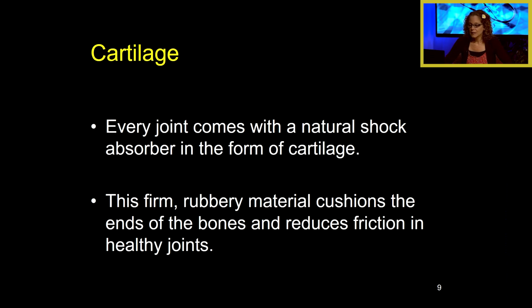Cartilage is something very important to keep our joints healthy. Every joint comes with a natural shock absorber in the form of cartilage. It's a firm, rubbery material that cushions the end of our bones and reduces friction in healthy joints, right? So it keeps our bones from rubbing against each other.